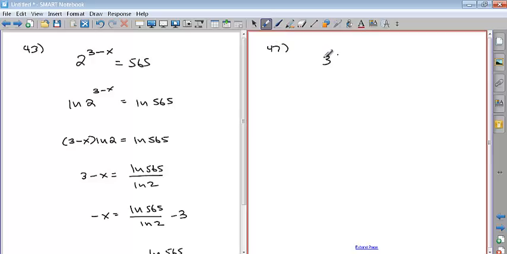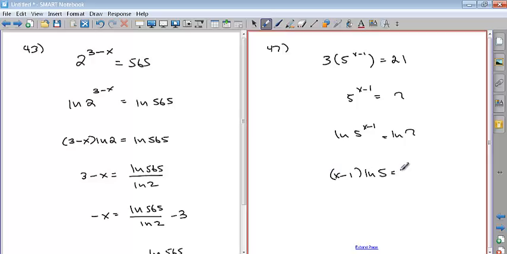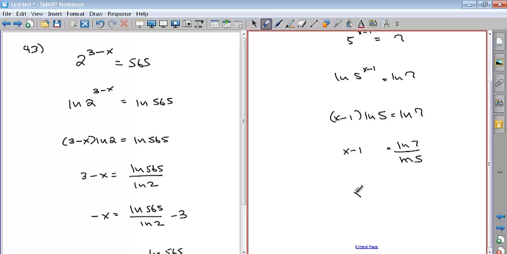So we got 3 times 5 to the x minus 1 is equal to 21. Divide both sides by 3; 21 divided by 3 is 7. Then you take the natural log of both sides and take the exponent out. Divide by the natural log of 5 and add 1 to both sides.